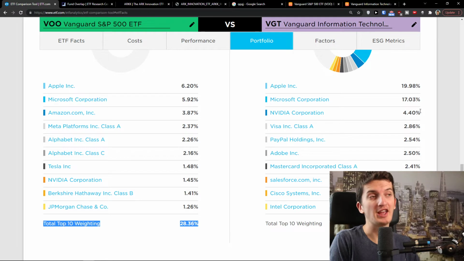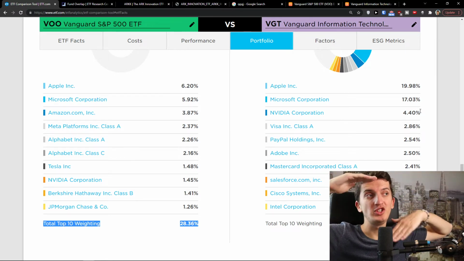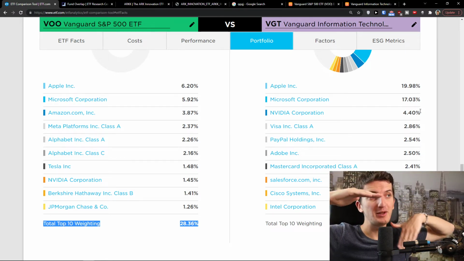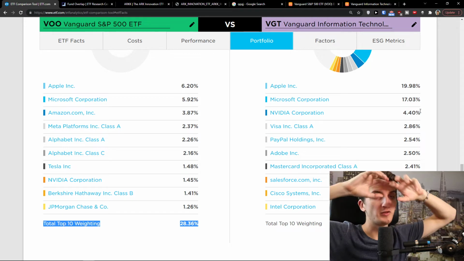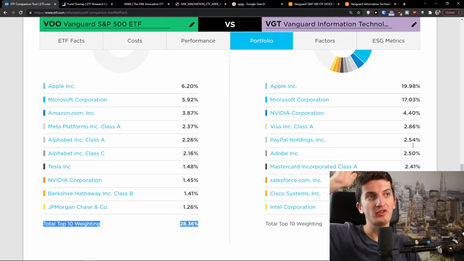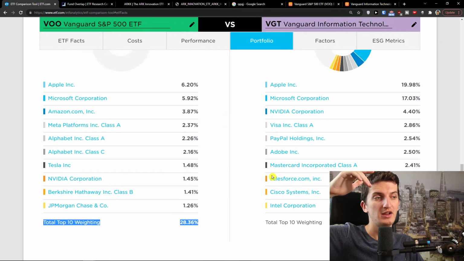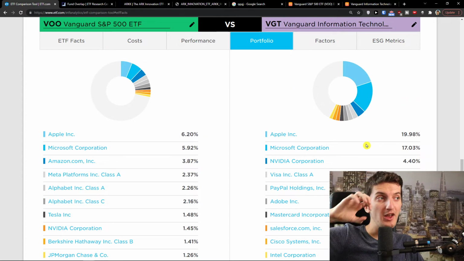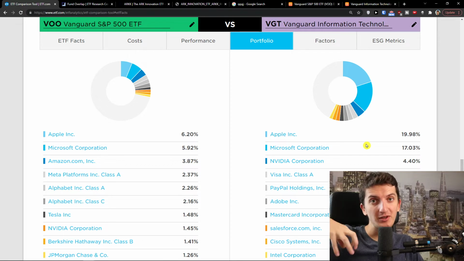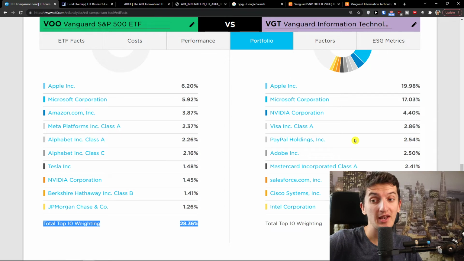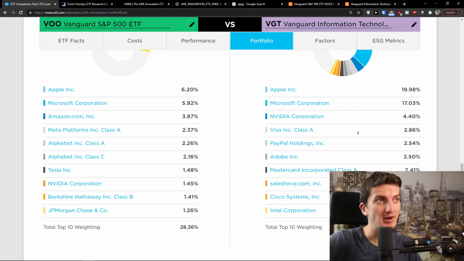With Nvidia, like top 3 stocks in VGT got 40% of the whole ETF out of whole 344 stocks. 3 of them got combined 40% of the whole ETF. And that's crazy. Ladies and gentlemen, that's damn crazy. But it is what it is, right?